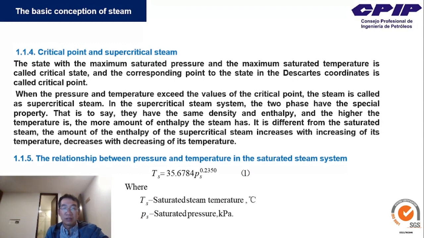The enthalpy of the supercritical steam increases with increasing temperature and decreases with decreasing temperature. The relationship between pressure and temperature in the saturated steam system is the following one, where Ts is saturated steam temperature and Ps is saturated pressure.